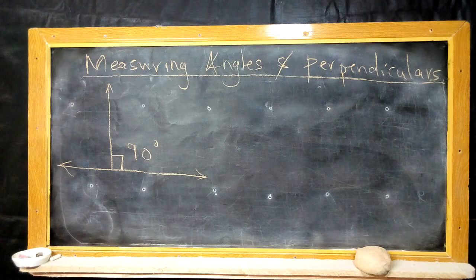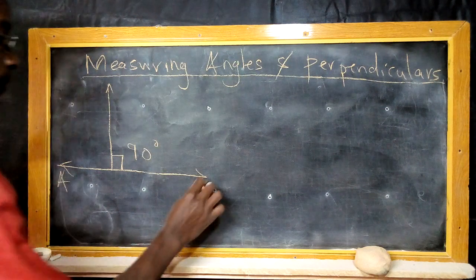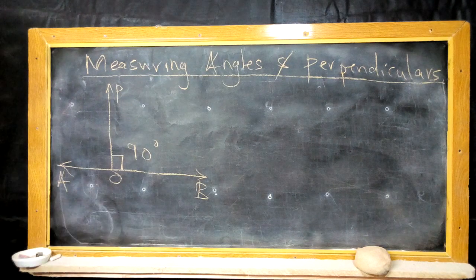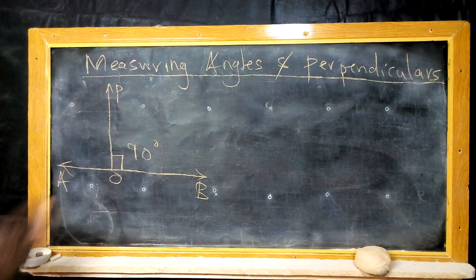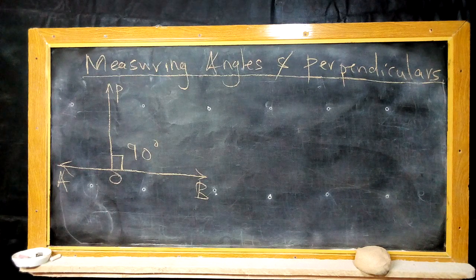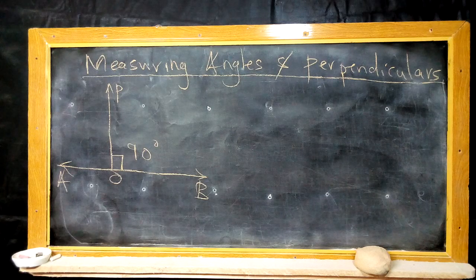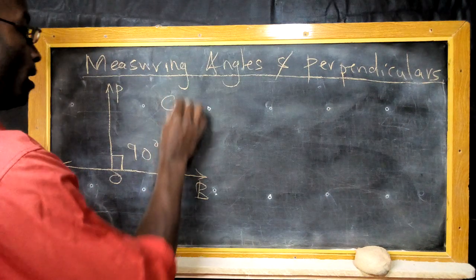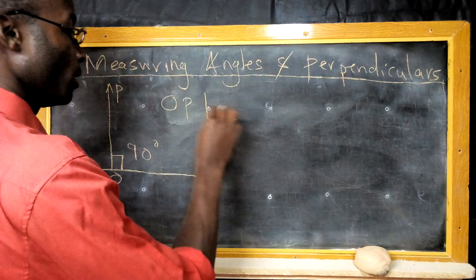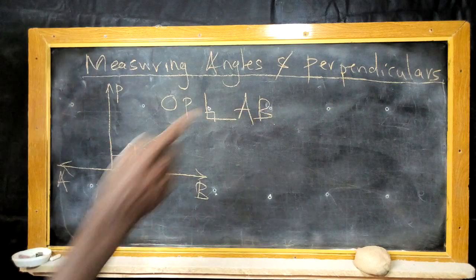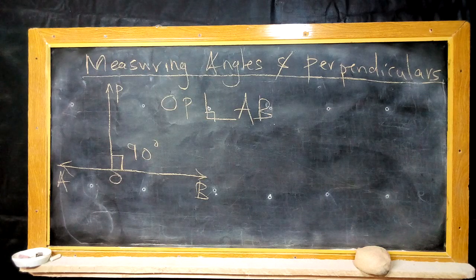So we can say that if this is line AB and this is point O, P, then line OP meets line AB at 90 degrees. Therefore, we can say that line OP is perpendicular to line AB. So that's the concept of perpendiculars that we are talking about there.